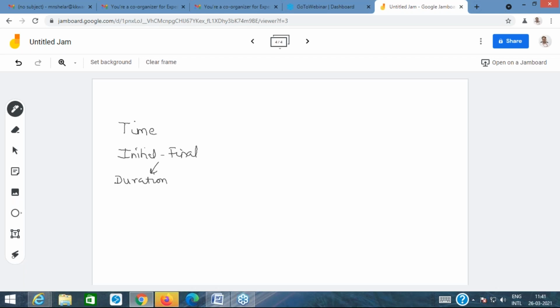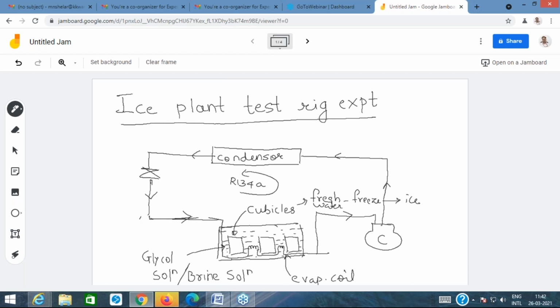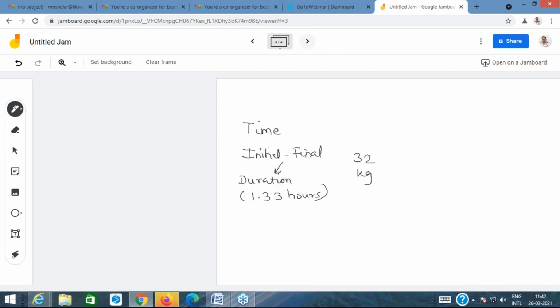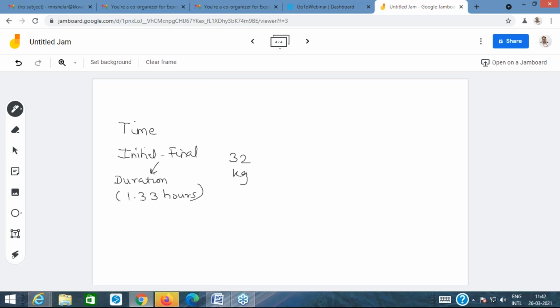Our experiment lasted for about 1.3 hours, and the mass of the glycol solution which we had taken was about 32 kg. We measured that glycol solution and put it in this tank. Finally, from the ambient we got the final temperature to -8 degrees centigrade.